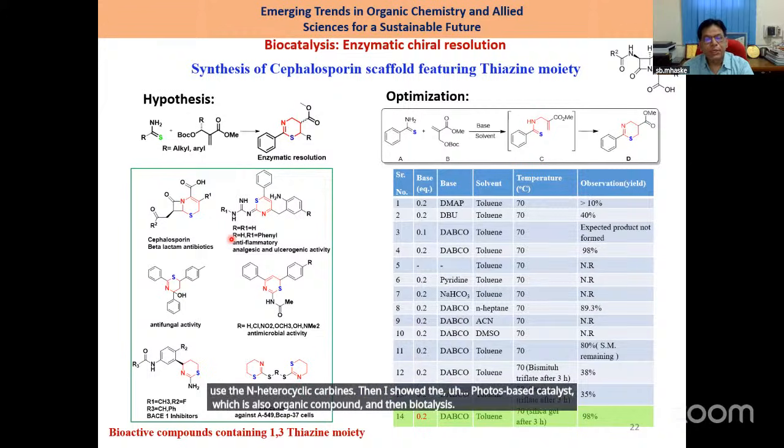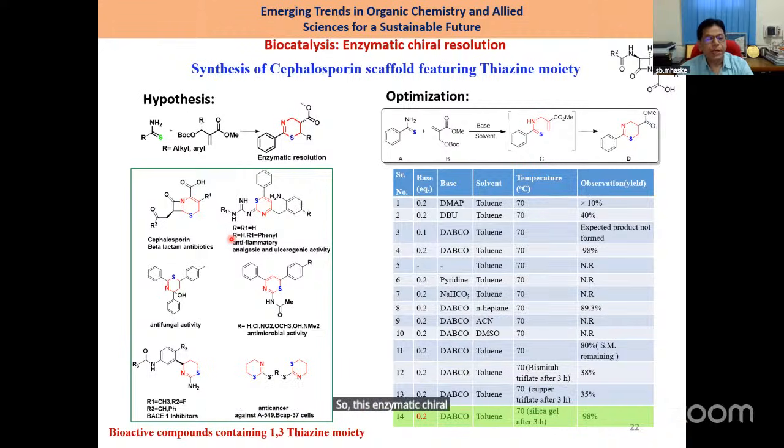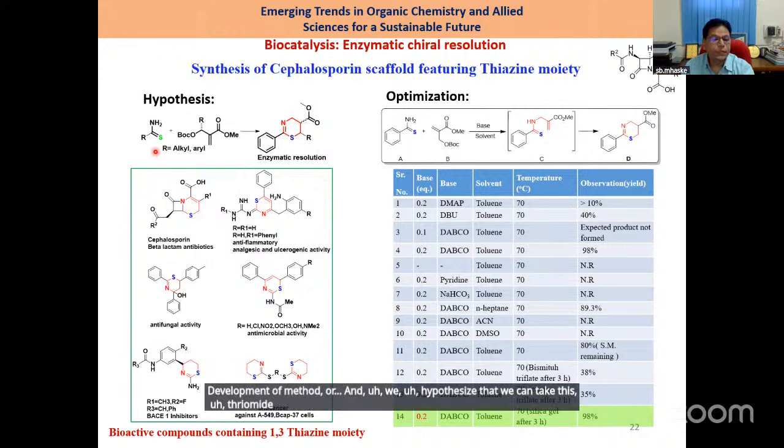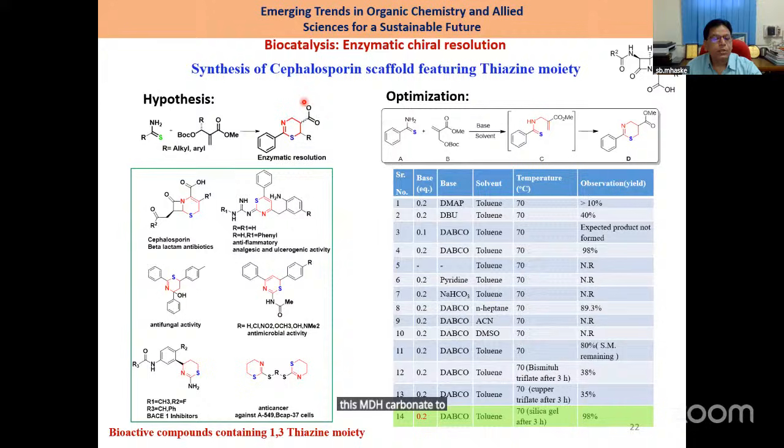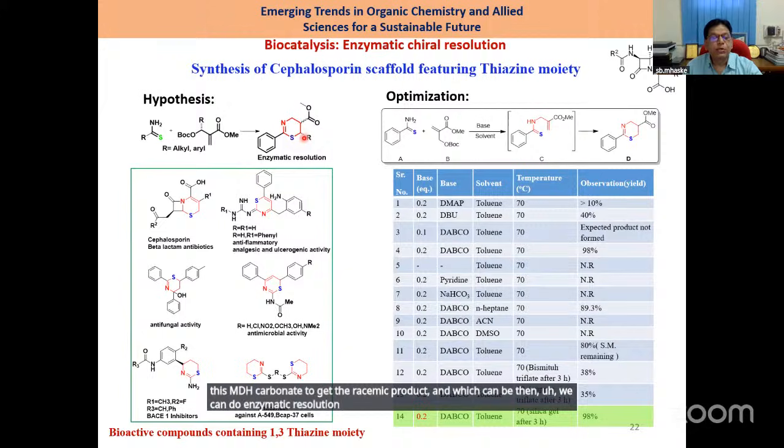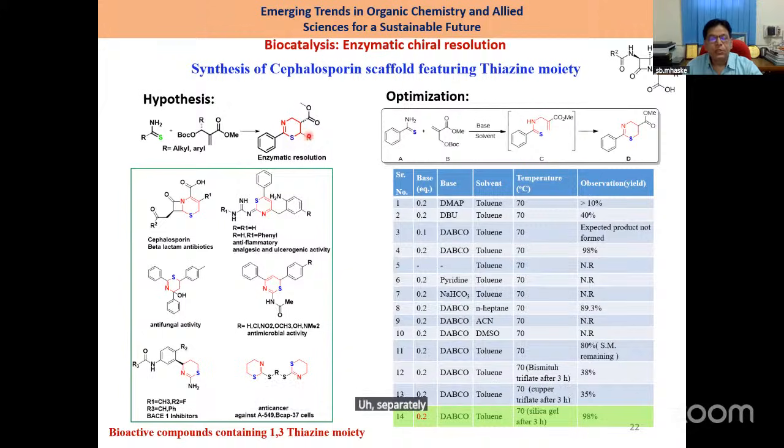So this enzymatic chiral resolution we planned, and for that purpose, we were working on development of a method for thiazine moiety, and we hypothesized that we can take this thioamide and react with this MDH carbonate to get the racemic product, which we can then do enzymatic resolution on to get the two isomers separately.